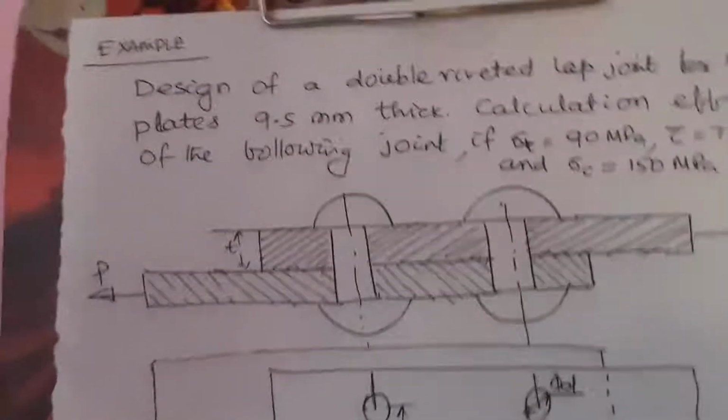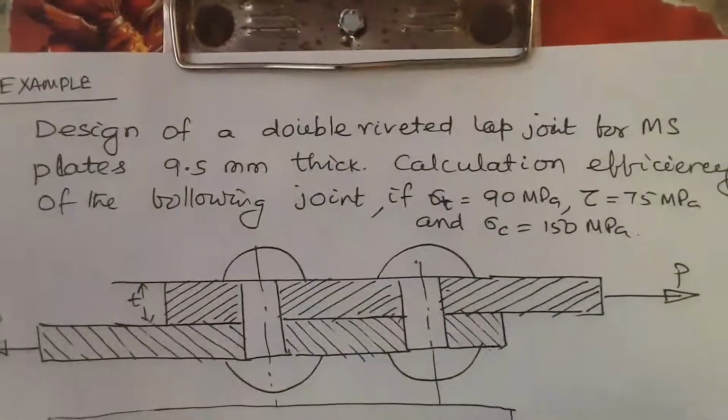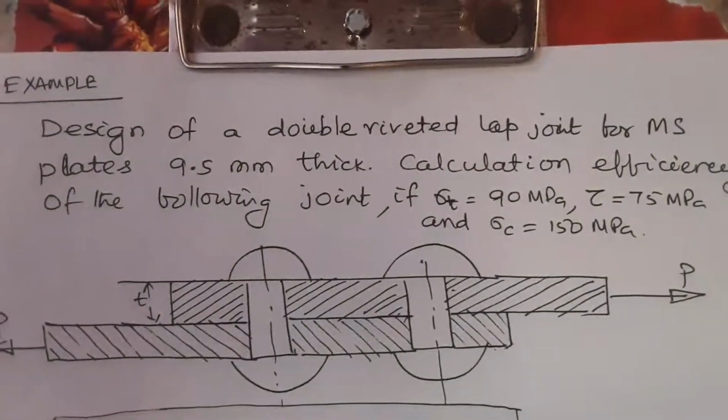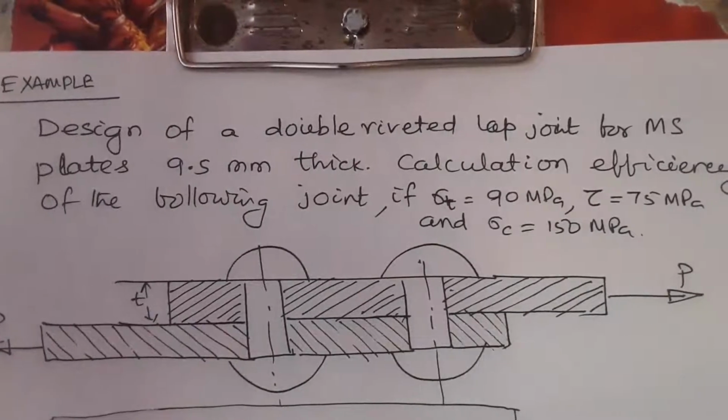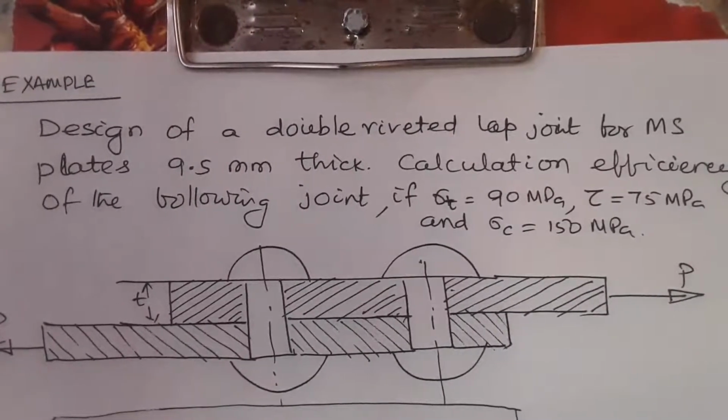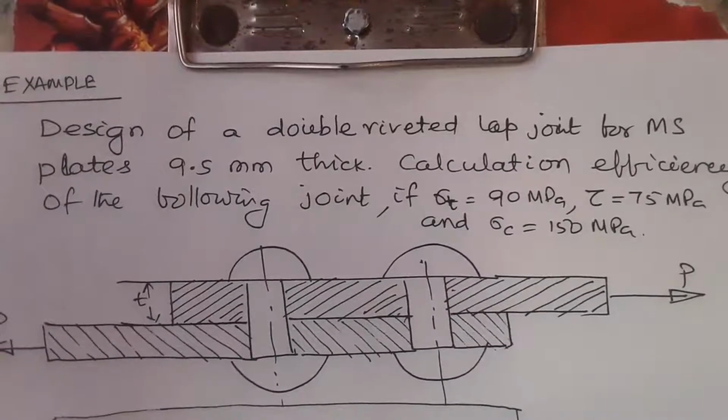The example problem is to design a riveted joint, which is a double riveted lap joint using MS plates of 9.5 millimeter thickness, and we have to calculate the efficiency of this joint, given the material properties: tensile stress sigma t is 90 megapascal, shear stress is 75 megapascal, and compressive stress is 150 megapascal.